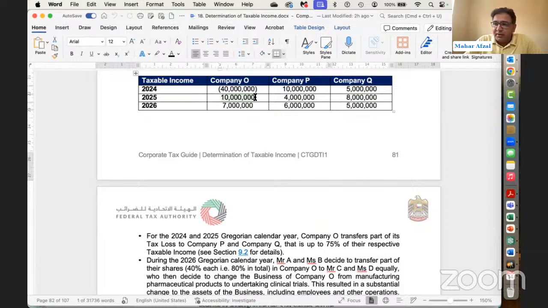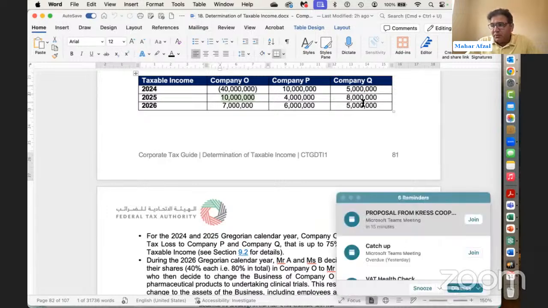So my remaining loss is 28,750, 75% is 14 million, 14 plus 8, 22 million. 22 million into 75%, further loss adjusted of 16,500. 28,750 less 16,500, remaining loss is 12,250.